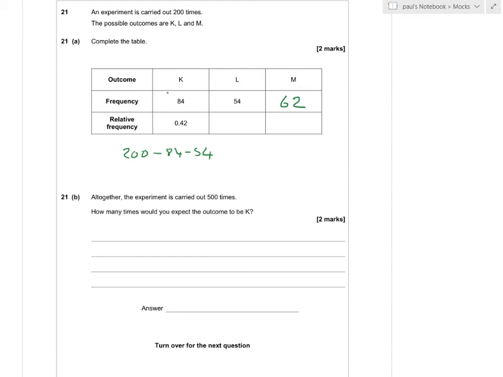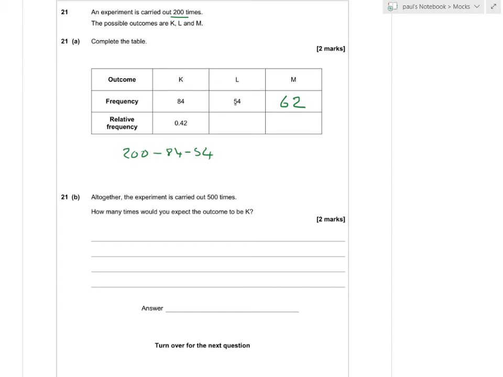Now, say we're trying to find a relationship between these and a multiplier factor. This is 200 times, so the relative frequency is going to be half of this number. If it was 100 times and you did 84, the relative frequency would be 0.84. But because you've done it twice as many times, this is half.